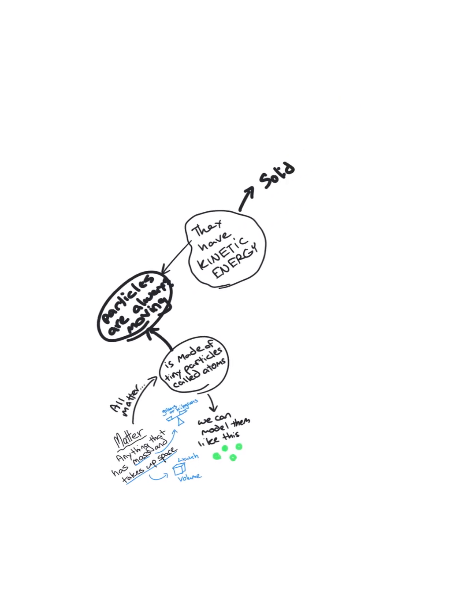All right, and so if we think about those particles in different states of matter, solids, liquids, and gases, solids have the slowest moving particles. Liquids have the second slowest moving particles, and gases have the fastest particles. I can spell liquids right.